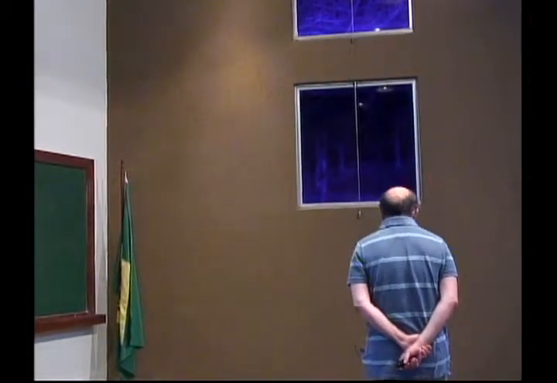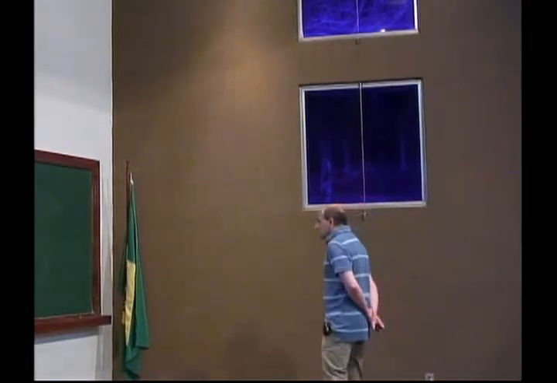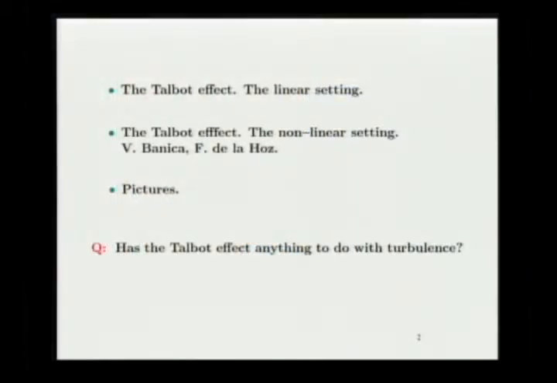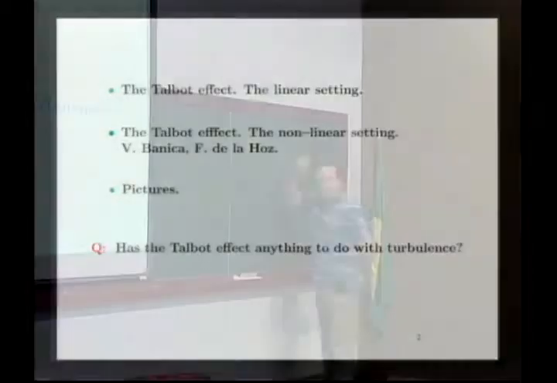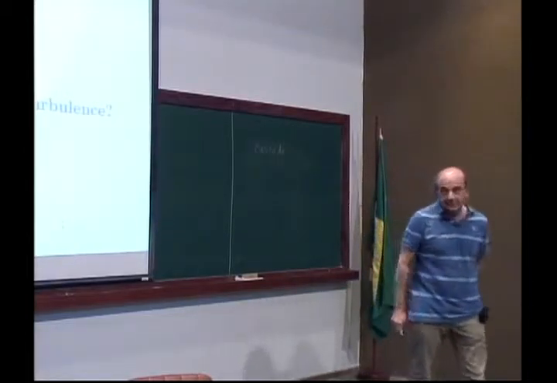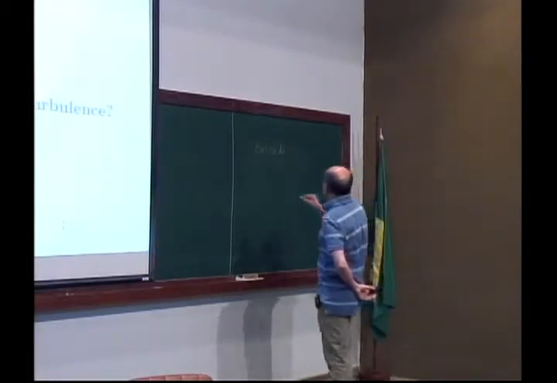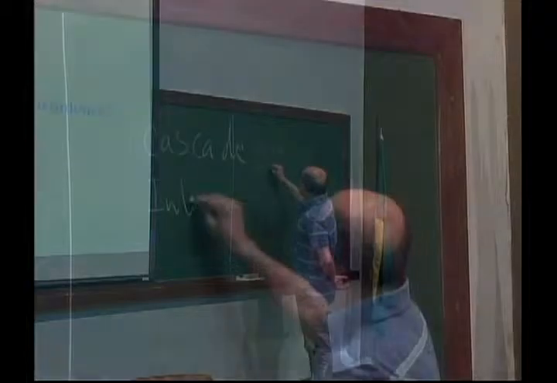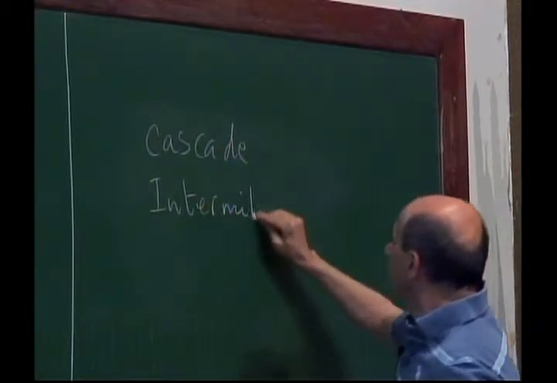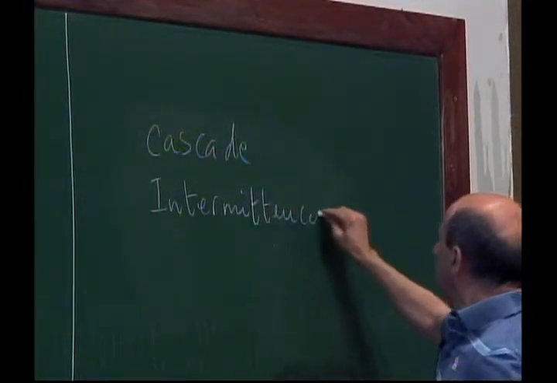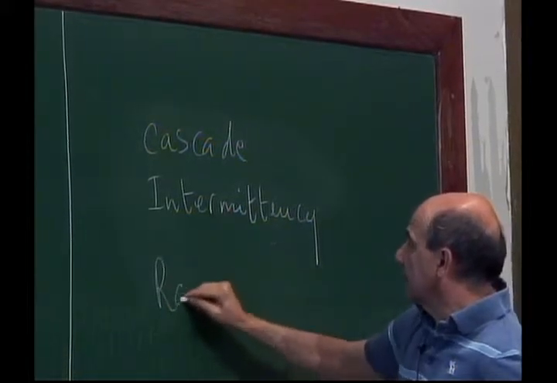All right, but there are some hints of what people say should appear in turbulence, like the key word cascade, that I'm not sure what it means. There is another one which is intermittency. And definitely also some kind of randomness.